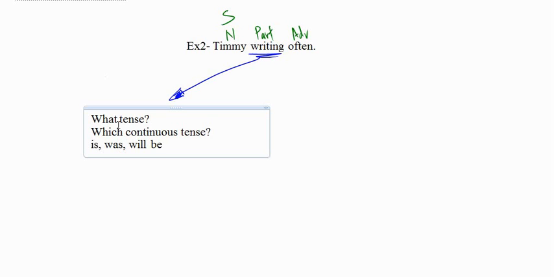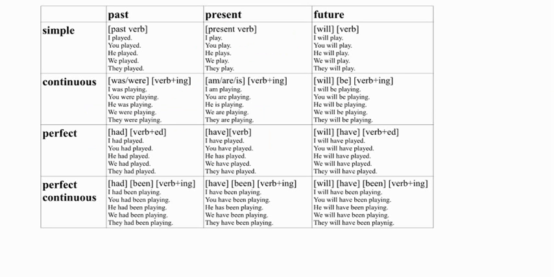So for this error, it's relatively minor, but having something like a verb tense grid on hand helps to give them a diagram of what they should be doing. And you'll notice that in these patterns, they're missing that linking verb, depending on whether they're doing the continuous or the perfect continuous.